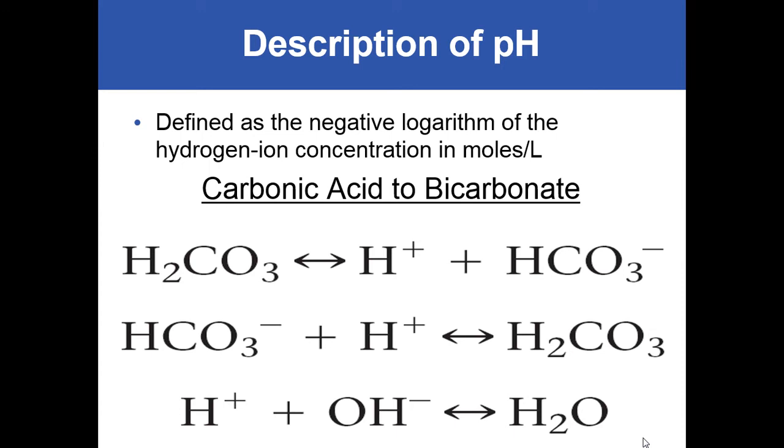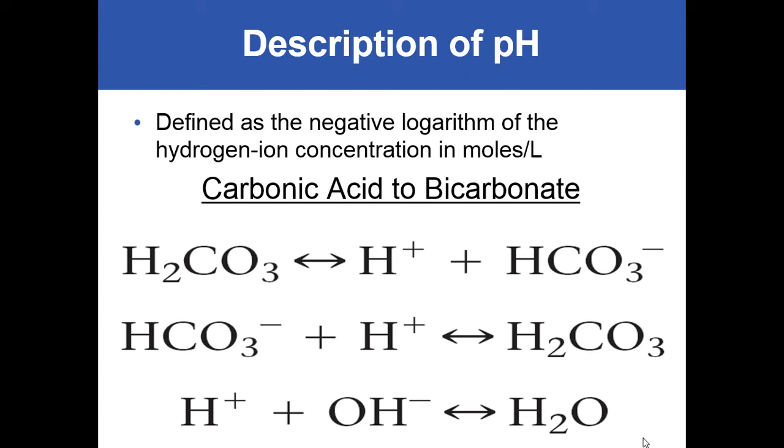This is carbonic acid, and if it loses a hydrogen, it becomes bicarbonate. And where did we talk about bicarbonate? Last week. It's one of the electrolytes, okay? And it's just showing you how it dissociates, but it's reversible, okay?